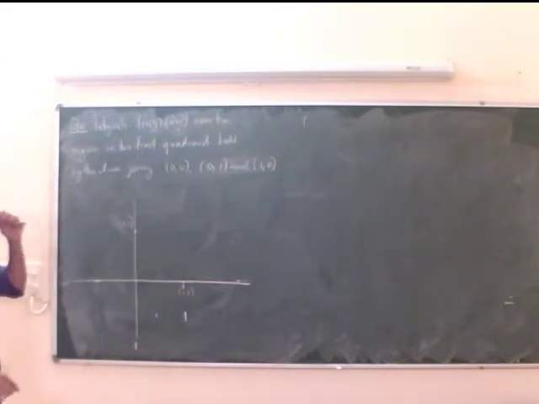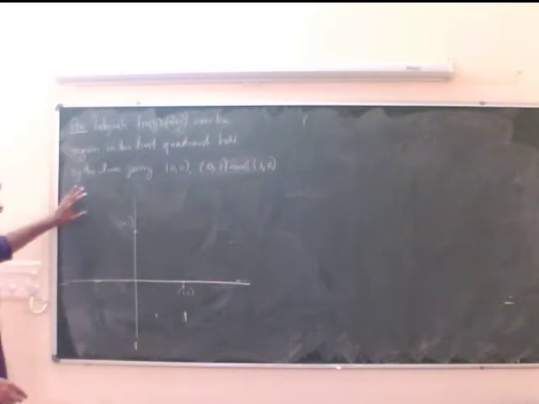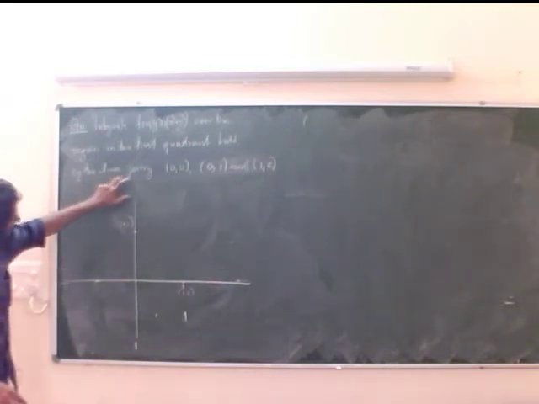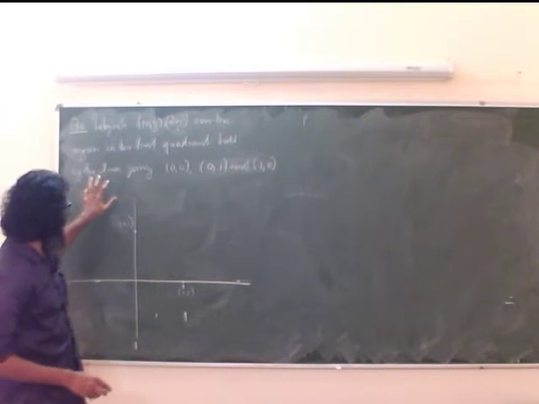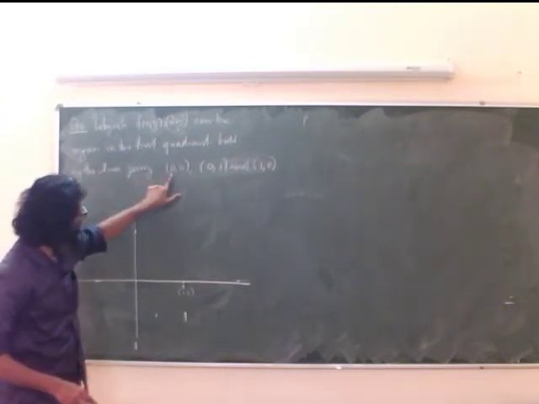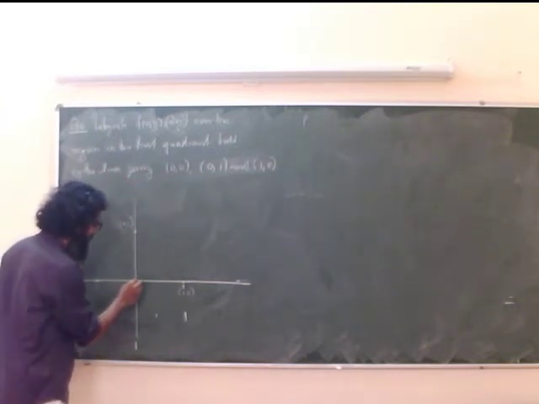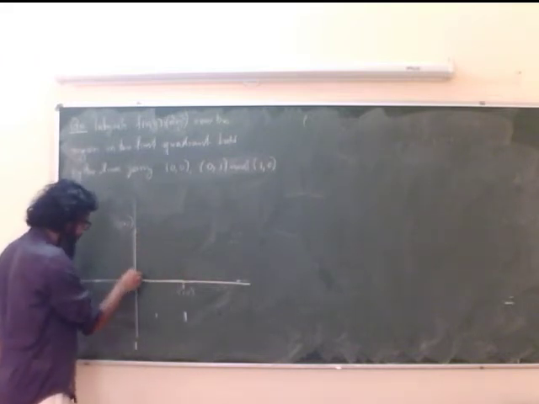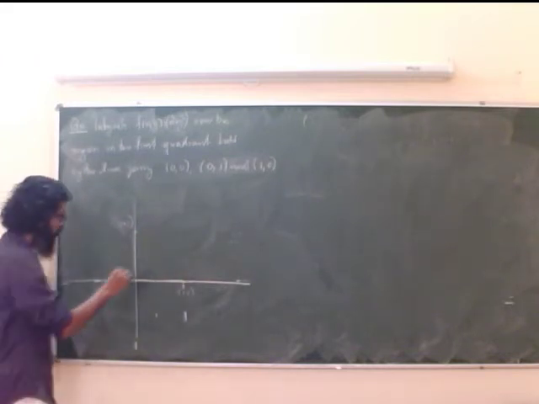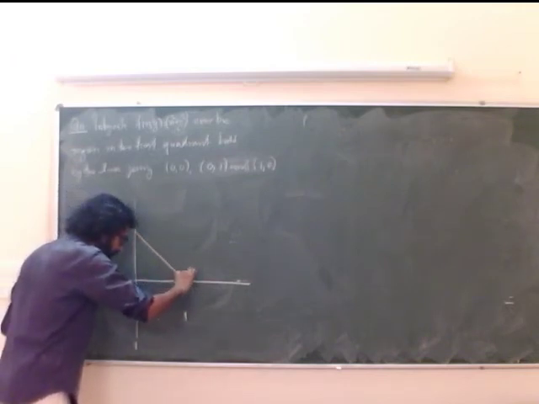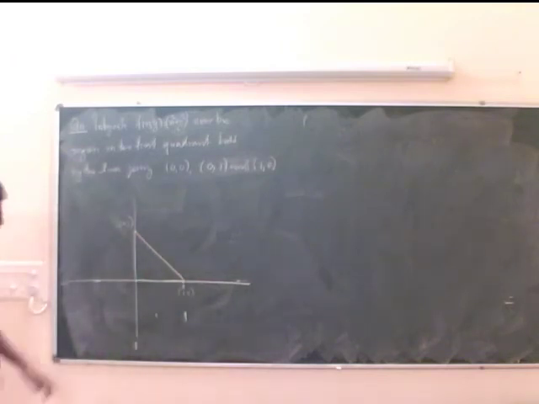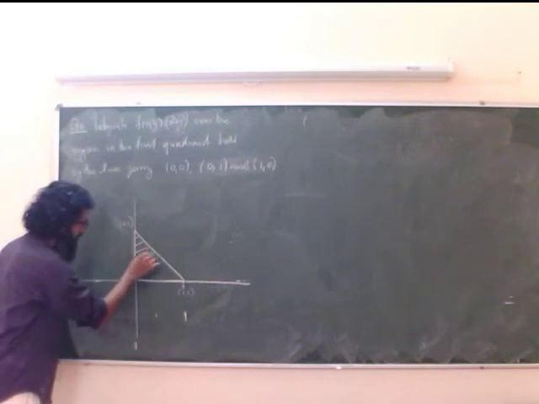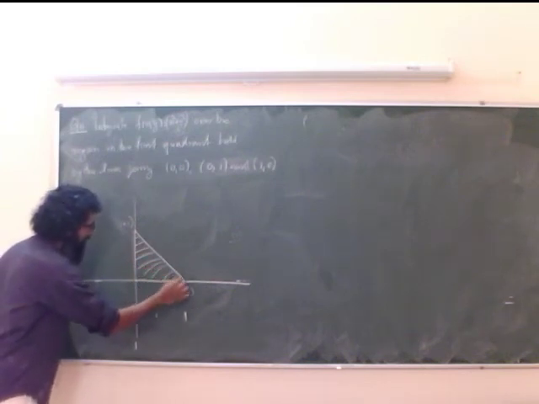My region is the triangular region obtained by joining these points. This is the line joining (0,0) and (1,0), this is the line joining (0,0) and (0,1), and this is the line joining (1,0) and (0,1). So this is my region of integration.